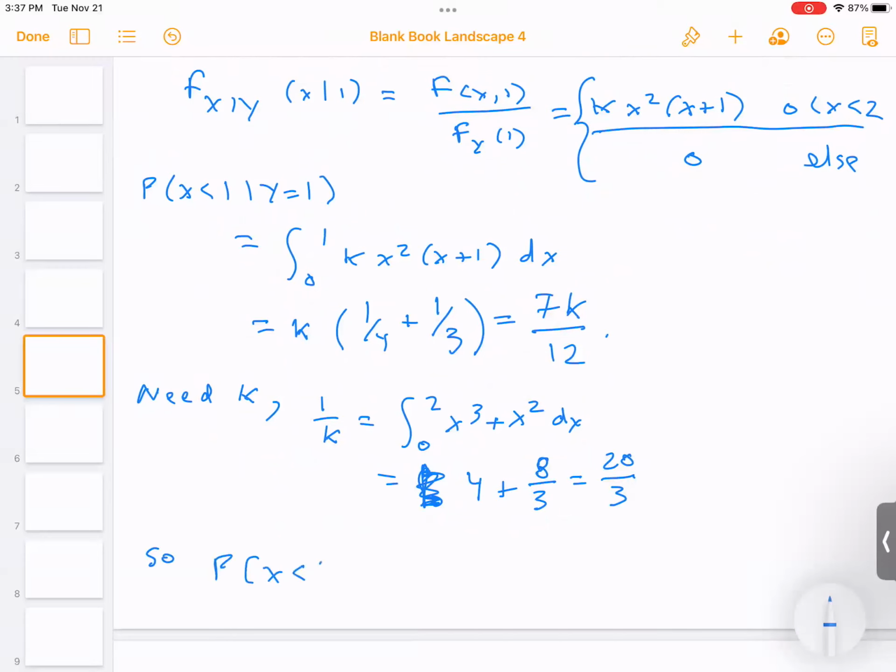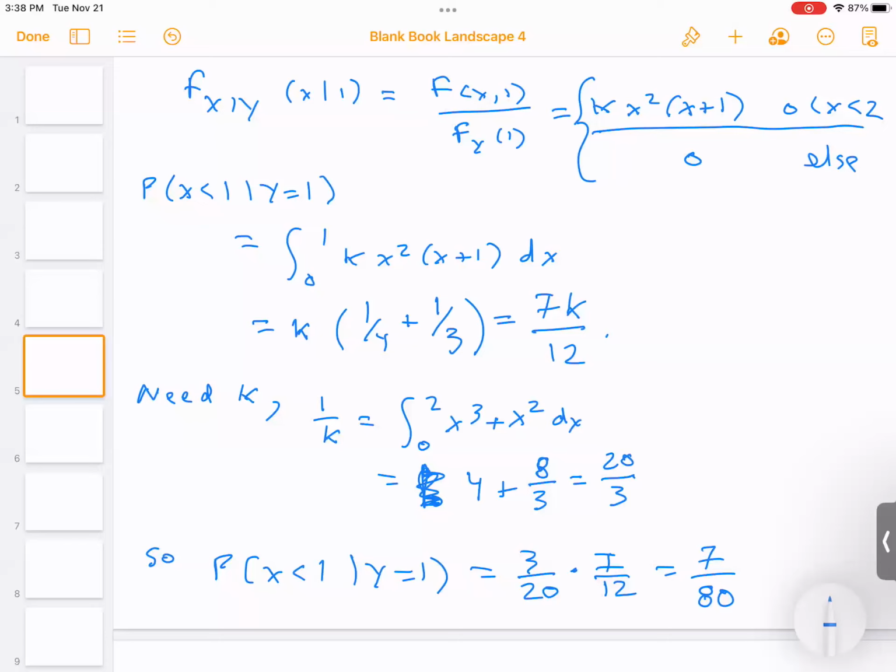So the probability x less than 1 given y equals 1 is equal to 3 over 20 times 7/12, which equals 7/80. All right, well, I knew the probability would be much higher that x is greater than 1 than less than 1, so that part makes sense to me, actually.